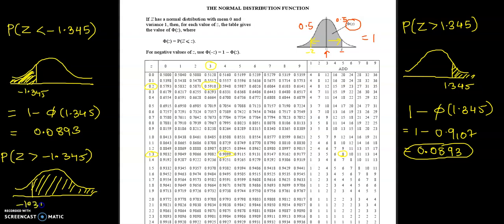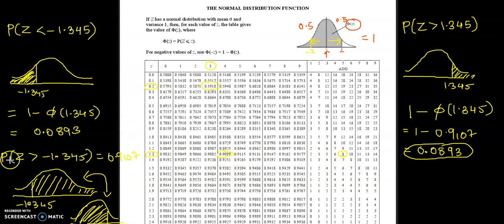Now if you remember the first example that we did, it was about finding the probability from negative infinity to the point 1.345, and this was the shaded part. Do you see these two are exactly the same shaded part? So the value of the probability is also similar, and that value is nothing but 0.9107, the first thing that we computed from the table.